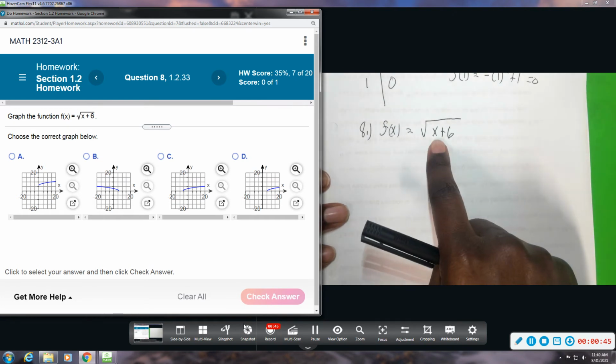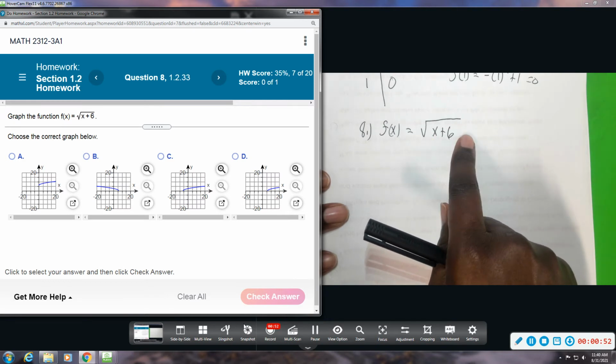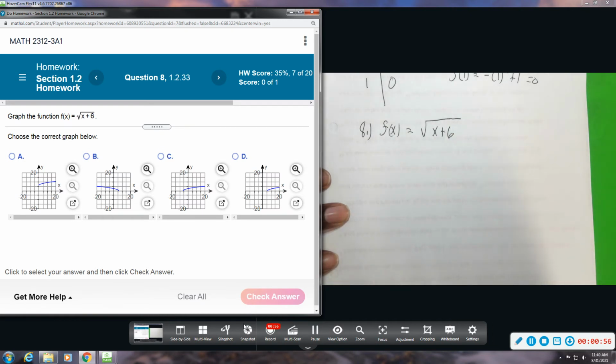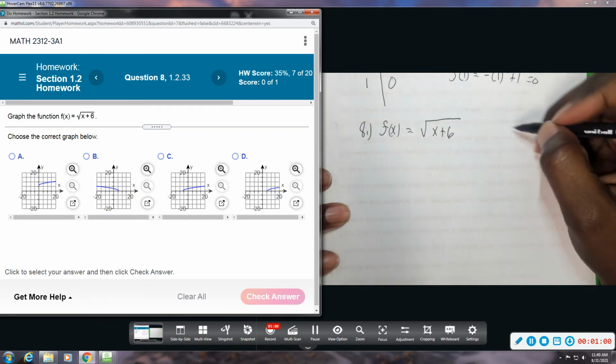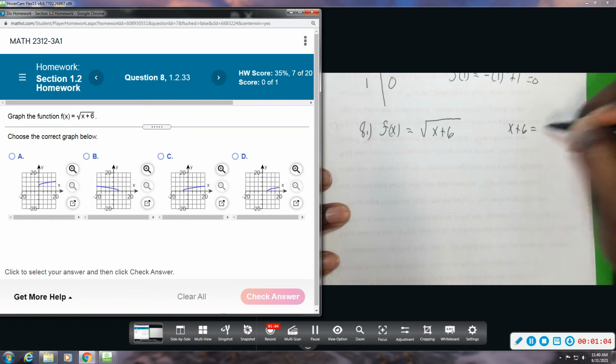And specifically, I want to know what numbers, when I add 6 to them, will give me a perfect square number, because I'm going to be doing the square root of these numbers. So I want x plus 6 to equal one of these perfect squares, so that when I do the square root of it, it's a whole number.